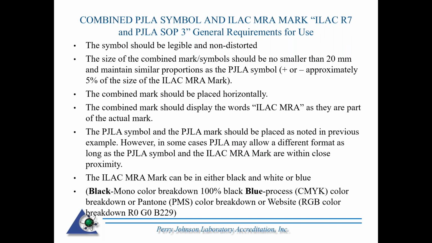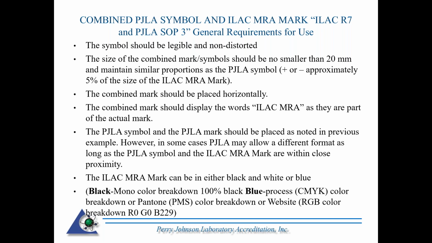So some other things govern the use of the ILAC mark. When used in conjunction, which is required, with the PJLA symbol, the symbol should be legible and non-distorted. The size of the combined mark and symbol shall be no smaller than 20 millimeters and maintain similar proportion as the PJLA symbol, plus or minus 5% of the size between the PJLA symbol and the ILAC mark.